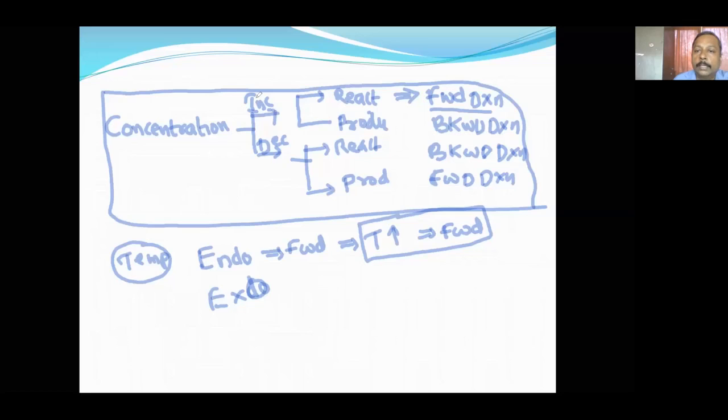Now let's see the pressure condition. The pressure effect will not be there when delta Ng is zero, that is, when the number of gaseous moles of product and reactant are the same. Few years back, there used to be a question asking in which of the following the pressure effect will not be there.